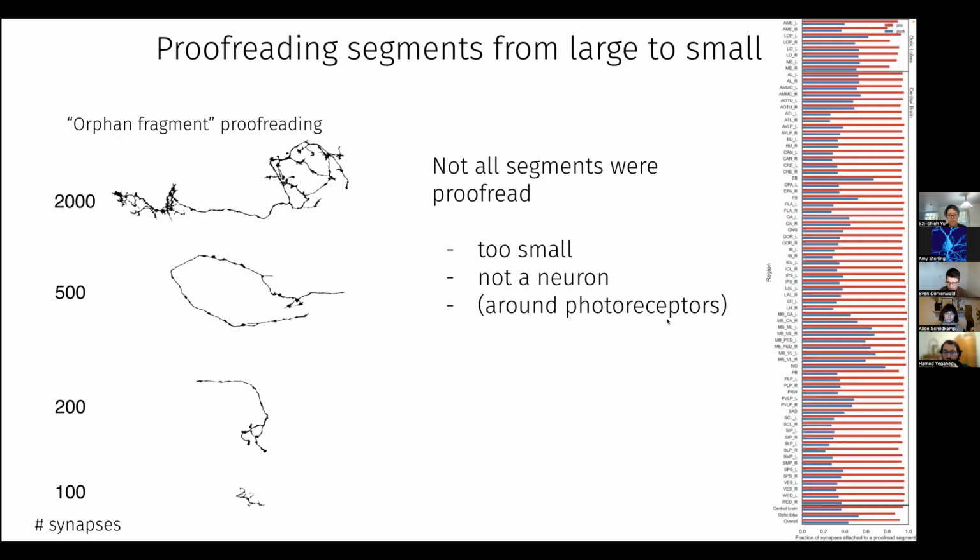And then the consequence of that is that when you look at what we call a completion rate, so how many synapses are attached to a pre or post synaptic segment, meaning you have a synapse, it is connected to something on the pre side or on the post side, as a percentage for each individual neuropil, what we see is that we have high completion rates on the presynaptic side and about a 40% completion rate on the postsynaptic side.